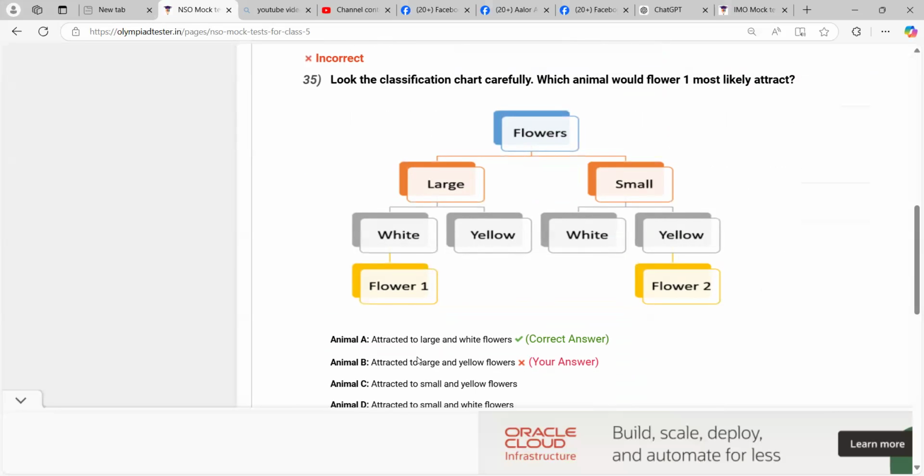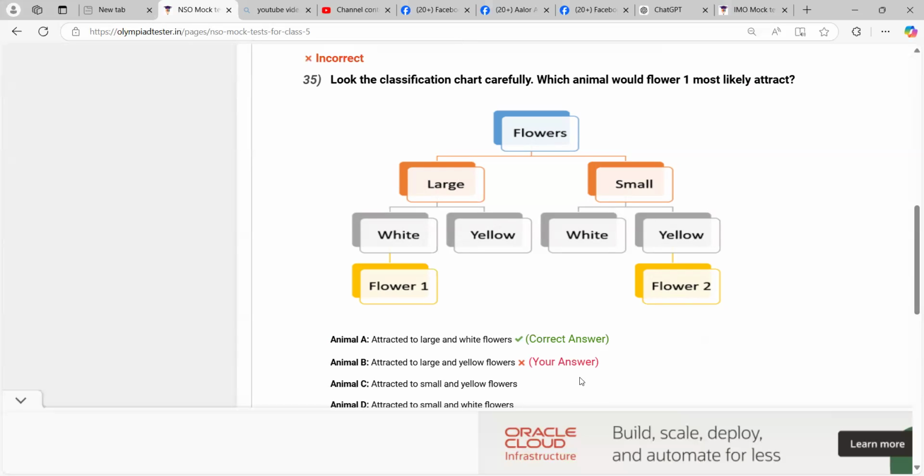Animal A, attracted to large and white flowers. Animal B, attracted to large and yellow flowers. Animal C, attracted to small and yellow flowers. Animal D, attracted to small and white flowers.